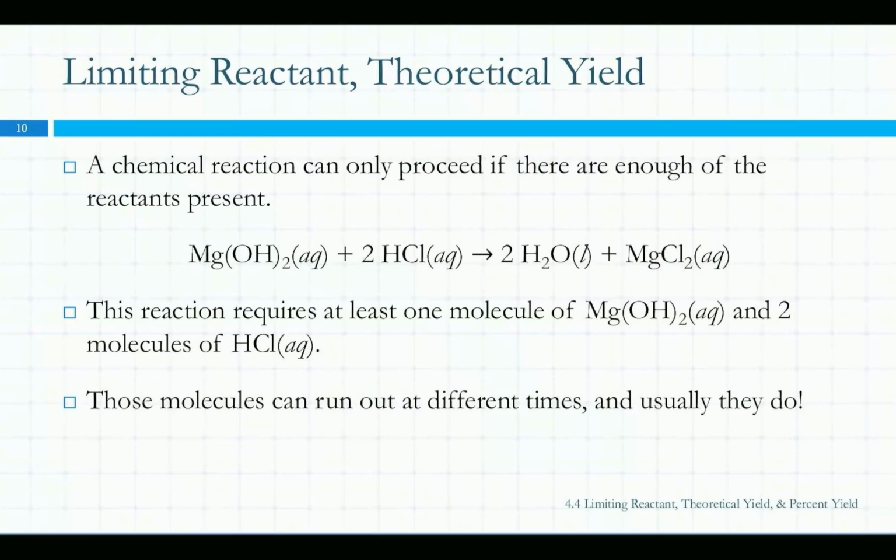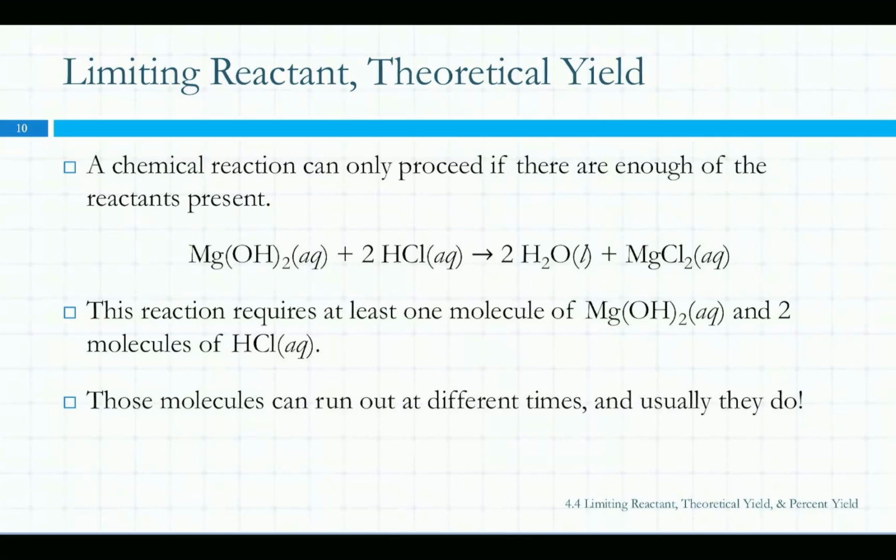All right, limiting reactant, theoretical yield. So our reaction here, again, coming back to the fact that this reaction equation is written with the individual molecules or atoms in mind. So it's 1 magnesium hydroxide is all that I need, but then I would need 2 molecules of hydrochloric acid to produce 2 molecules of water and 1 molecule of magnesium chloride.